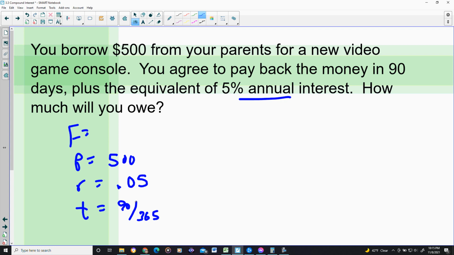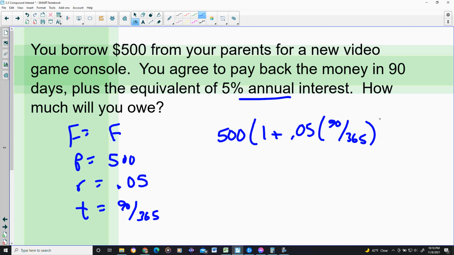Now, you could say, oh, that's 3 months, a quarter of a year. Yeah, you could do that, but we're going to be a little bit more exact here. So 500 times (1 plus 0.05 times 90 over 365).